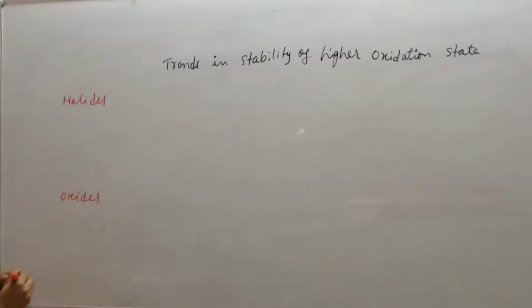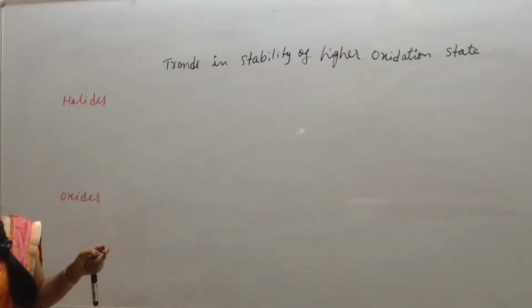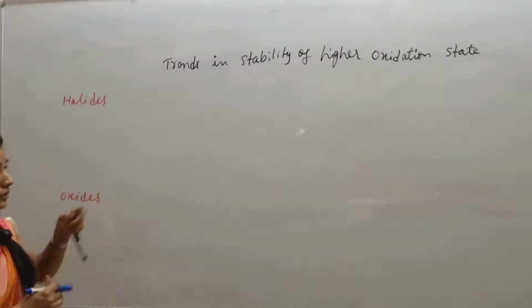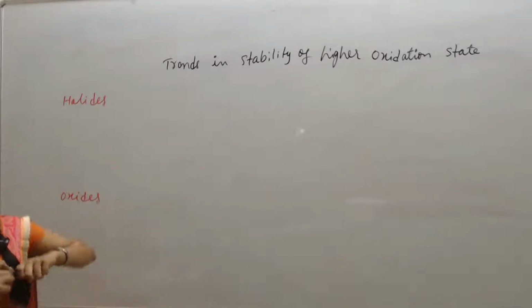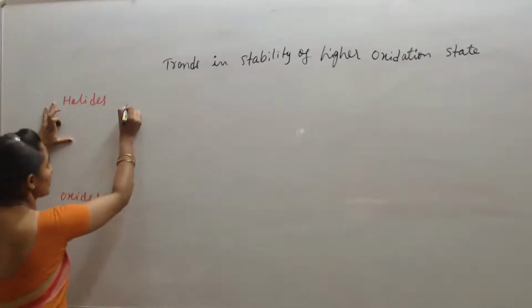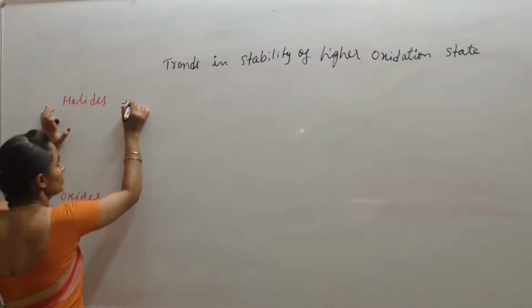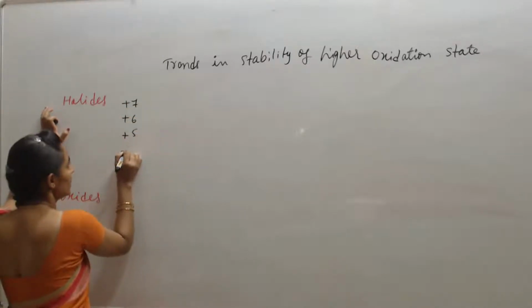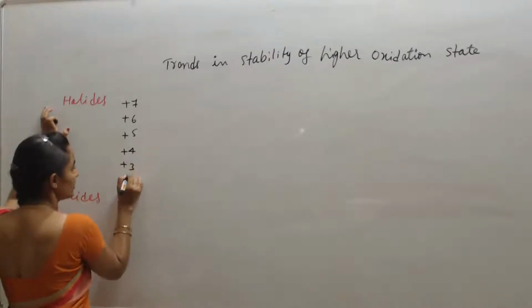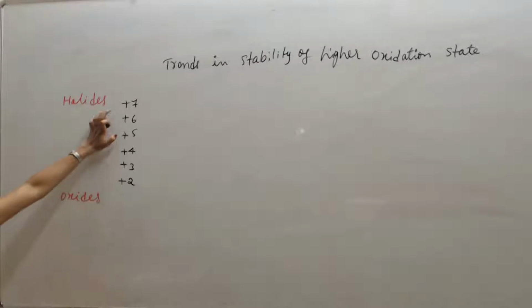By considering the metal halides and metal oxides, we are going to study the stability of the higher oxidation states. I told you the higher oxidation state is from +6, +7 for manganese, then +6, +5, +4, +3 and +2. The lower oxidation state is +2 and the higher oxidation state is +7.